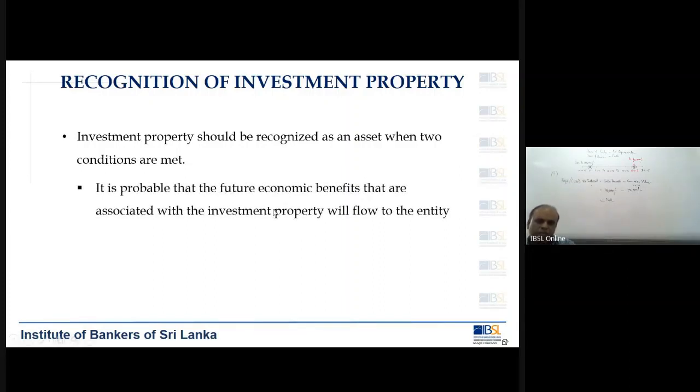It is probable that the future economic benefits associated with the investment property will flow to the entity, and secondly, the cost of the investment property can be measured reliably. It is the same thing that we learned under LKS 16, where we said what can be considered as property, plant and equipment and when it should be recognized, when these two are present.